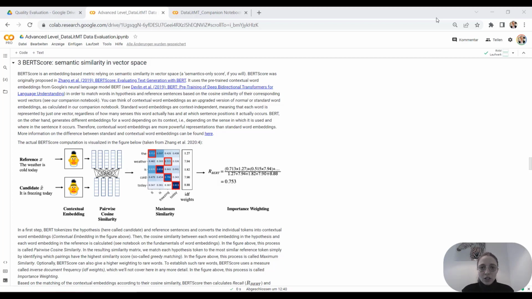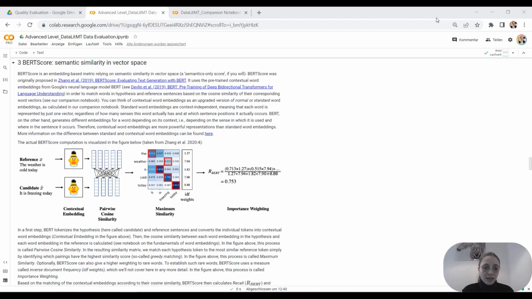But what BERTScore actually calculates are contextual word embeddings. So it can actually look at the context that the word embedding is placed in. It is really smart, because depending on the sense in which this word is used, it can analyze that.